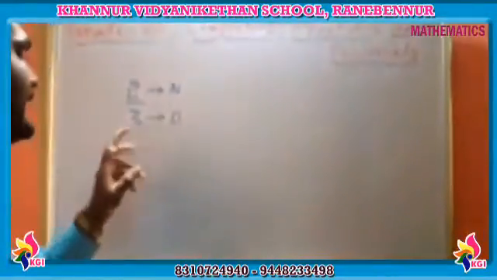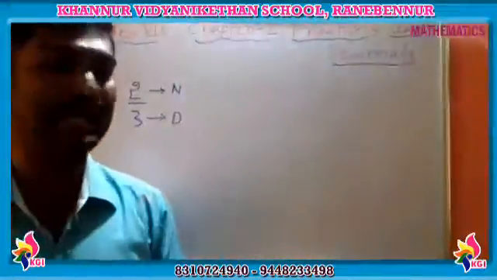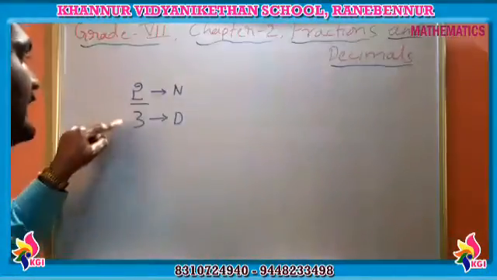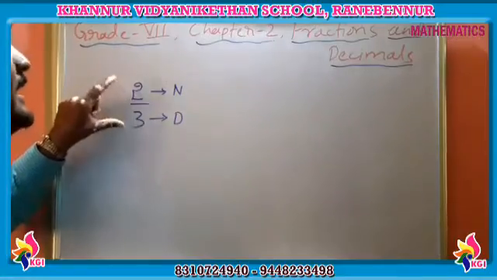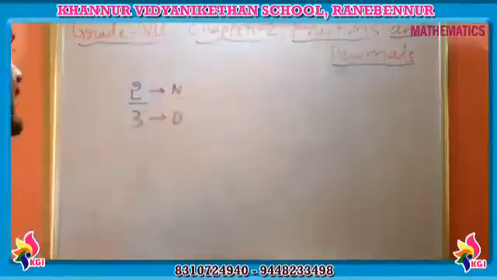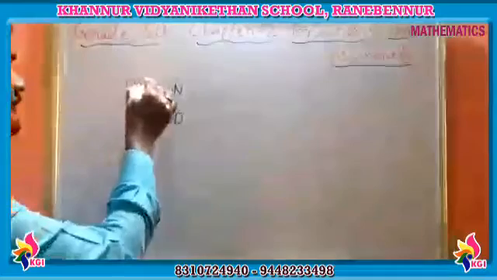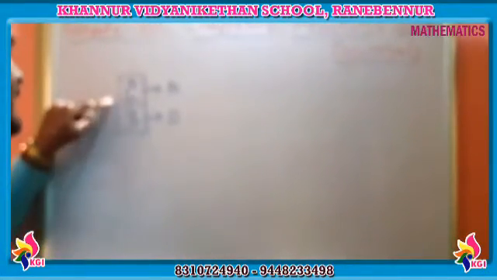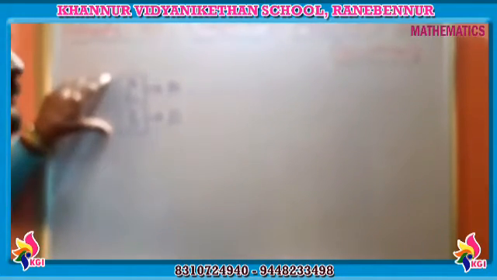The denominator says how many parts there are in total. There must be a numerator and denominator separated with a line, and that is called a fraction. This is the notation of a fraction.